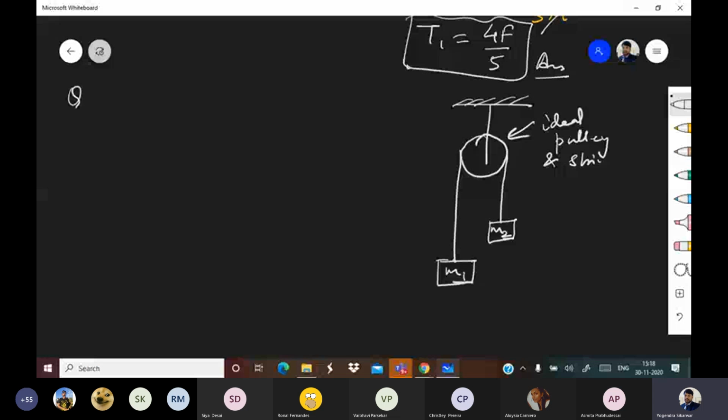What do you mean by ideal pulley? It is massless, frictionless. What is an ideal string? Massless, frictionless. So you need to find the acceleration of A and B. Please find it out.